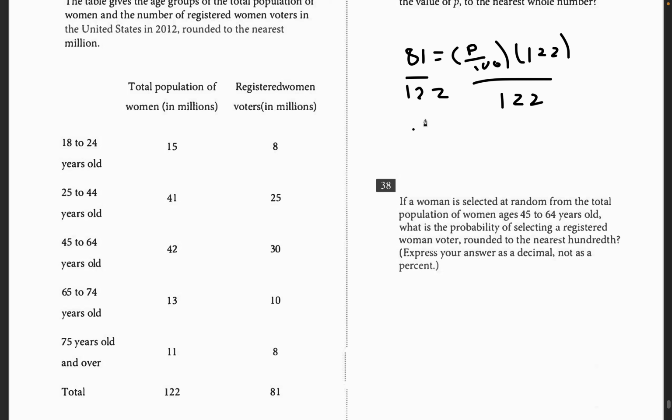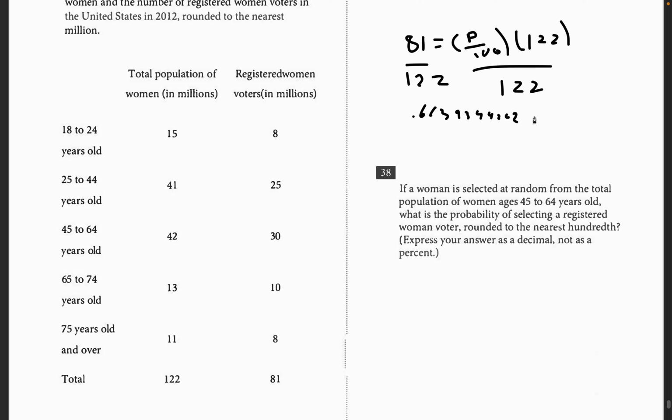We get 0.663934426 equals P over 100. Multiply by 100.